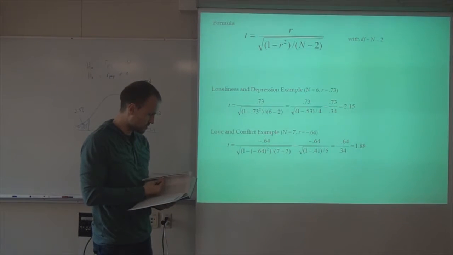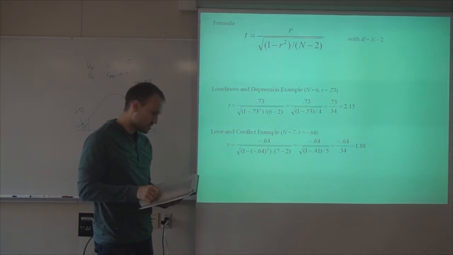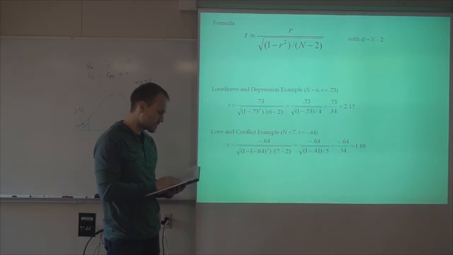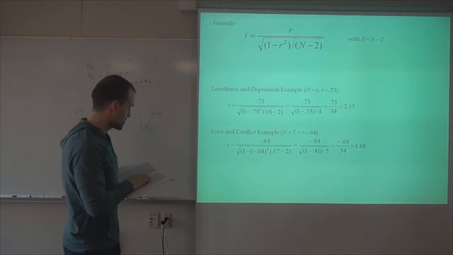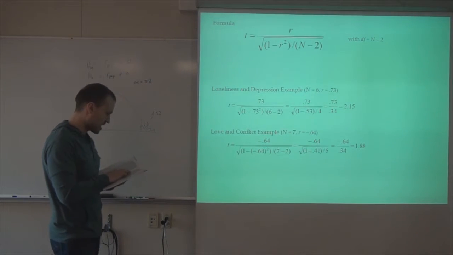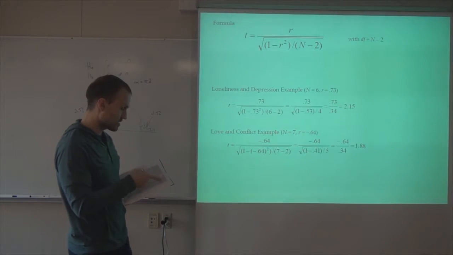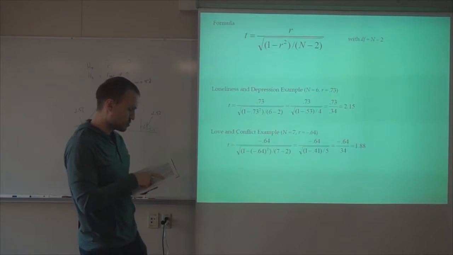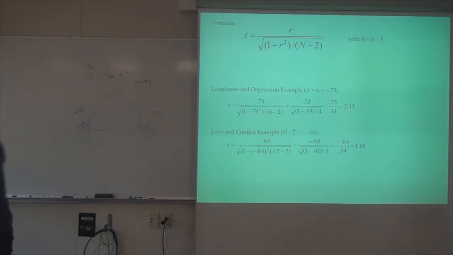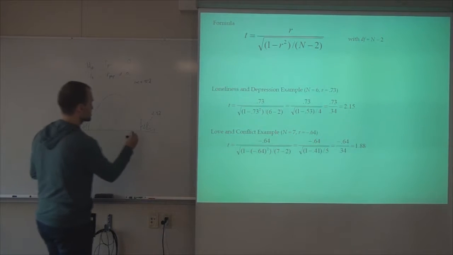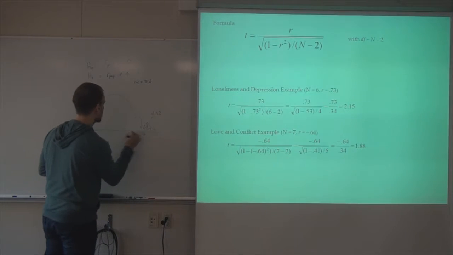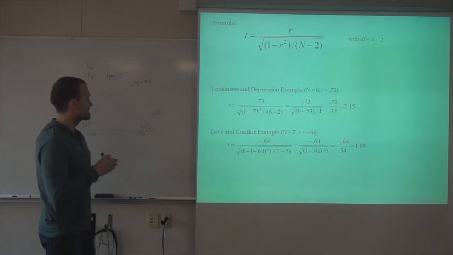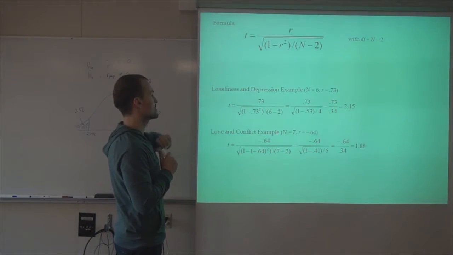The t-distribution table, degrees of freedom 4, two-tailed, 5% alpha: 2.776. So the cutoffs are 2.776 and negative 2.776.